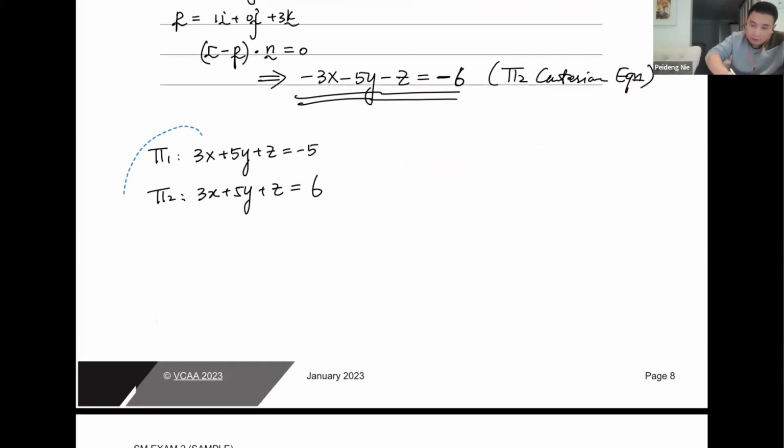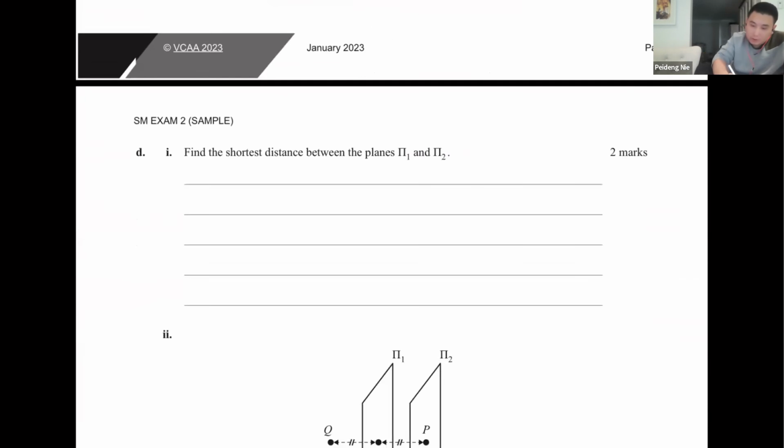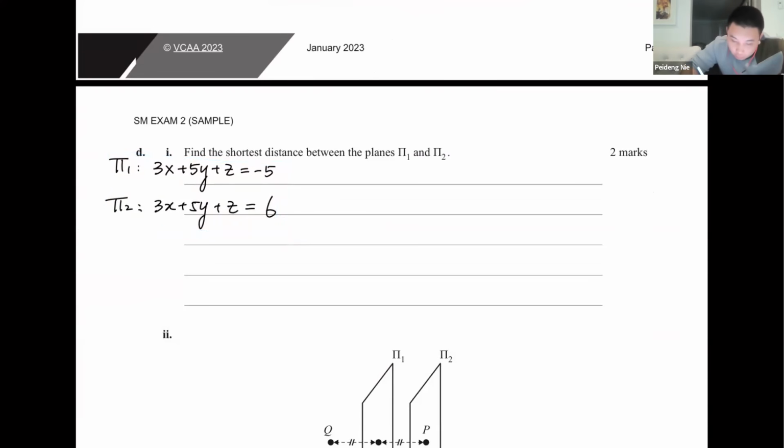All right, let me just cut this to the next page. With these two, if I draw x, y, z, this is O, okay? I would say pi 2 is here. Let me just highlight that in blue.